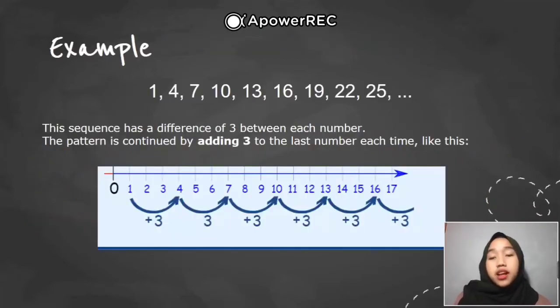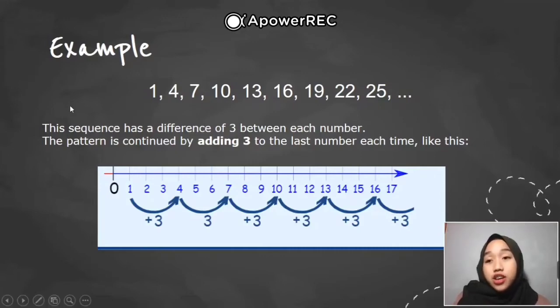Now, the example. There is 1, 4, 7, 10, 13, 16, 19, 22, 25, and so on. This sequence has a difference of 3 between each number. The pattern is continued by adding 3 to the last number each time.